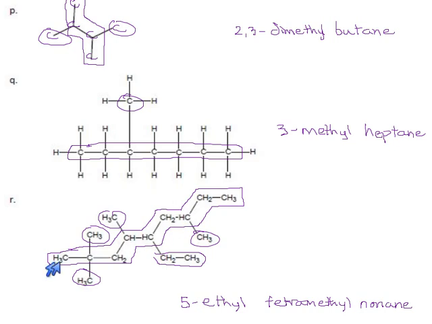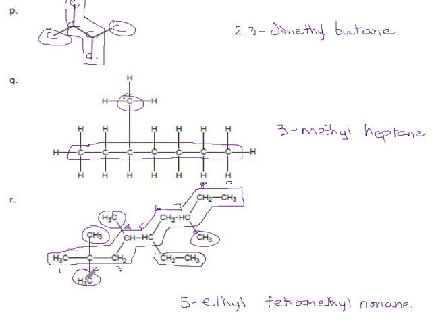How about the methyl groups? Well, we can have 2 counting from this end, or the first methyl group is on carbon number 3 counting from the right, so we will count from the left. This will be carbon number 1, 2, 3, 4, 5, 6, 7, 8, and 9.